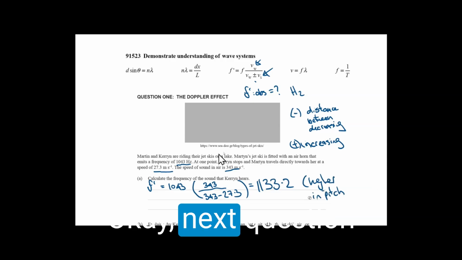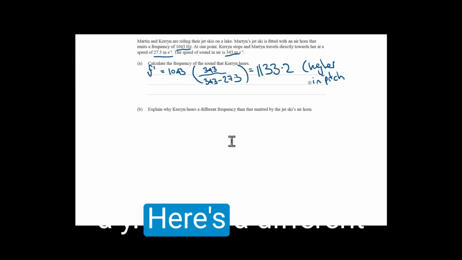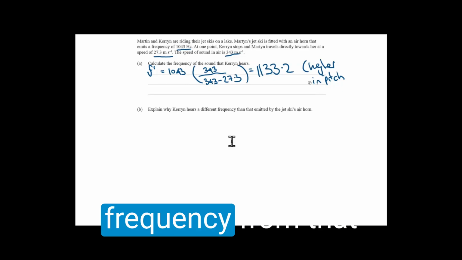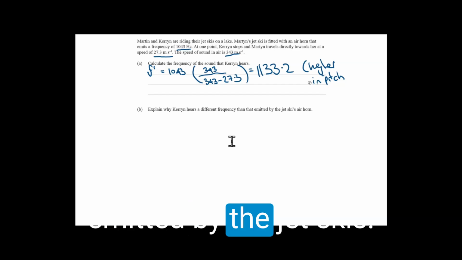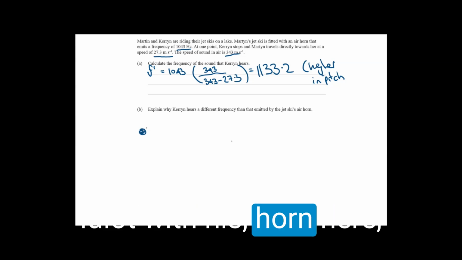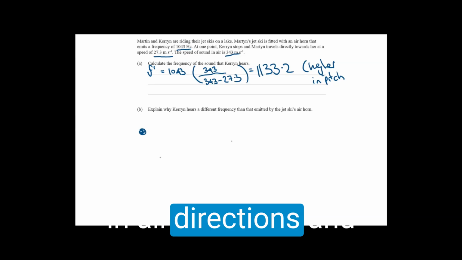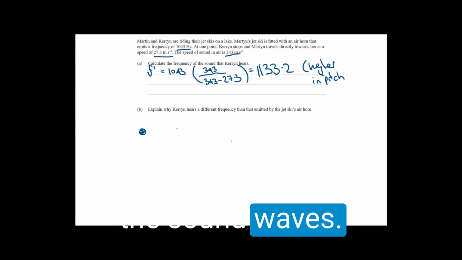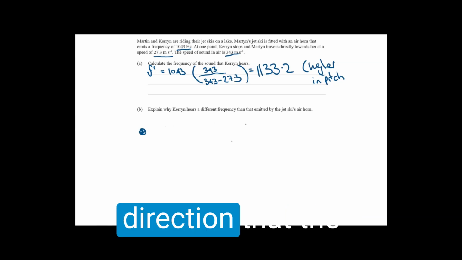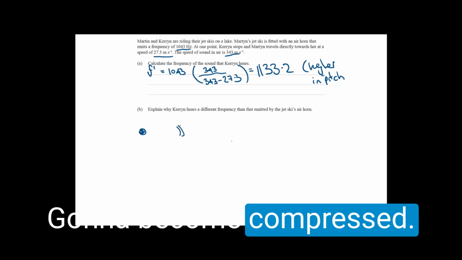Okay. Next question says, explain why Kieran with a Y hears a different frequency from that emitted by the jet ski's air horn. Well, if we have this idiot with his horn here, it's going to propagate in all directions. And the sound waves, as it's moving in the direction that the sound is moving, are going to become compressed.